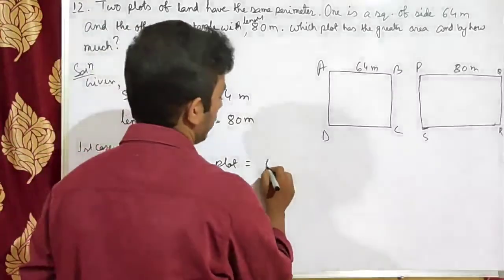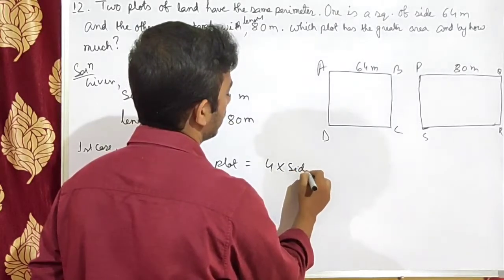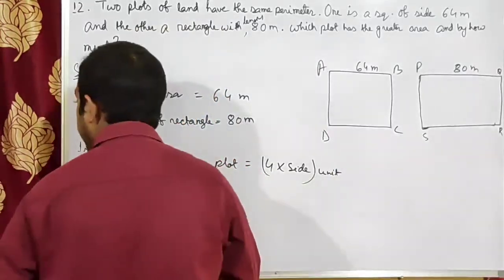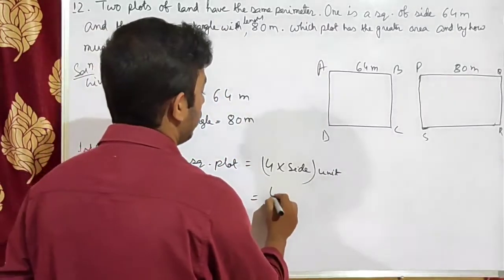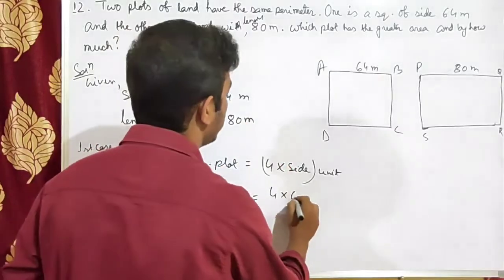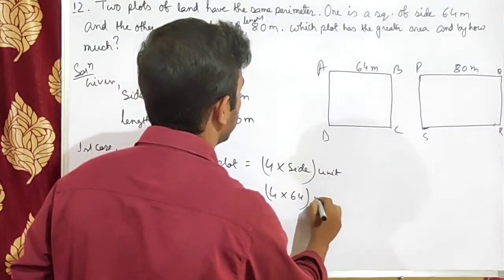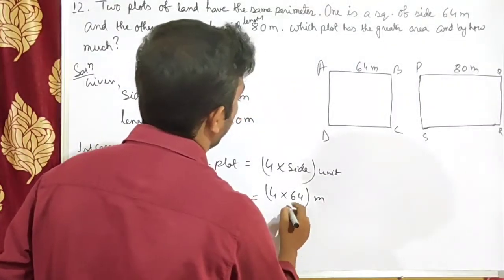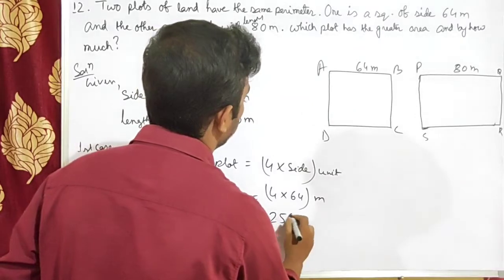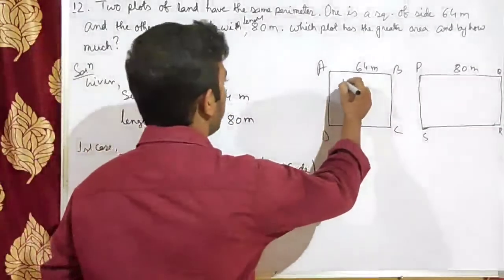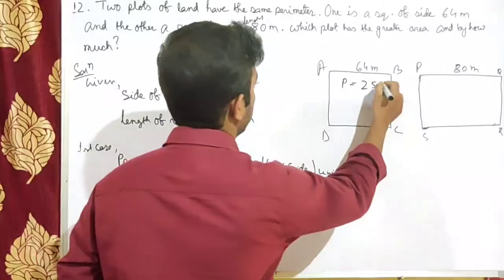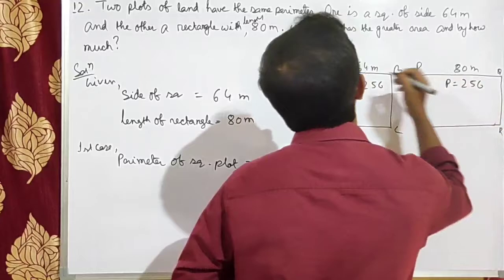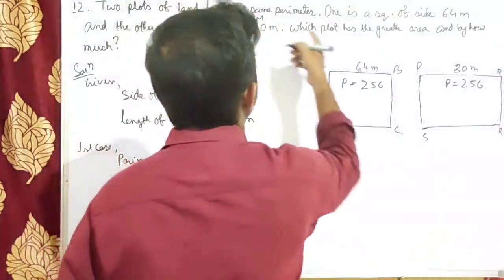So 4 into side, side is 64, unit is meter. Now 64 into 4 is how much? 4 into 4 is 16, 6 into 4 is 24, 25, so 256 meter. So its perimeter is 256 meter. Therefore, the perimeter of the rectangular plot will also be 256 meter, because in the question it is given that two plots of land have the same perimeter.